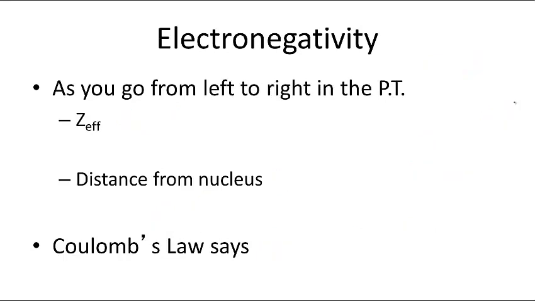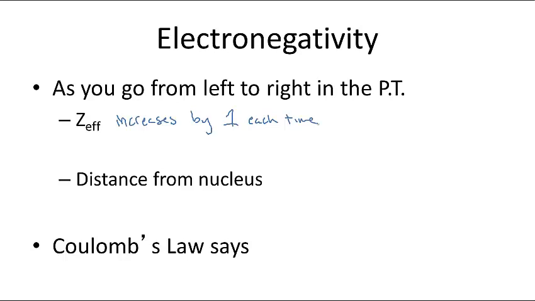But now as you go from left to right in the periodic table, the effective nuclear charge increases by 1 each time. If we look at the third row, the third period in the periodic table, sodium, which has 11 protons, goes to the next one, magnesium, which has 12.